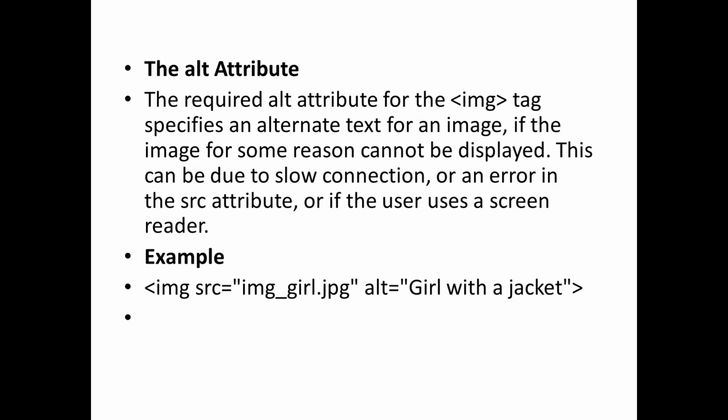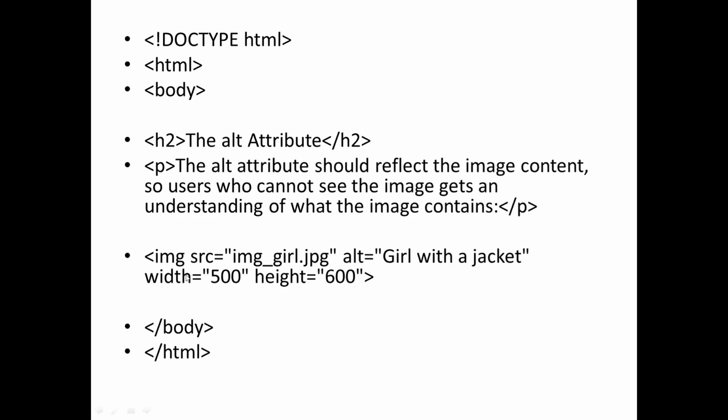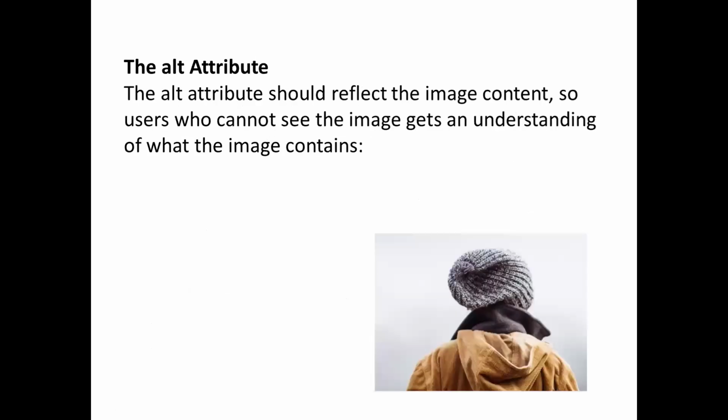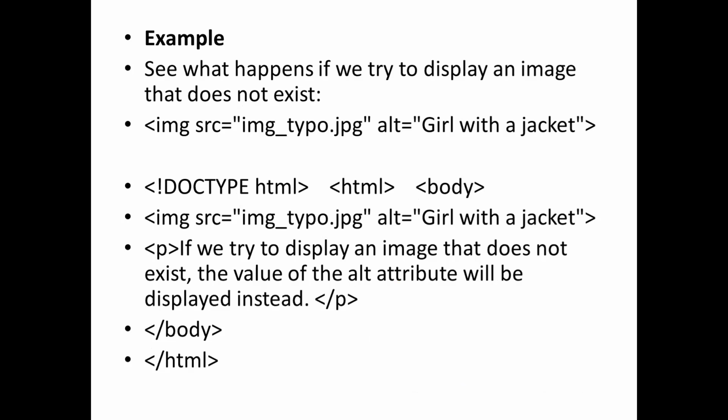So in the image tag or image element, we use the source attribute, width, height, and alt attribute. Likewise, image source, alt, width, and height. So these are the 4 attributes we use in the image tag. The alt attribute, as I discussed previously, displays alternate text if the image is not there.